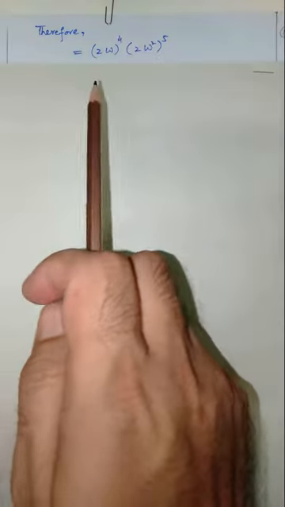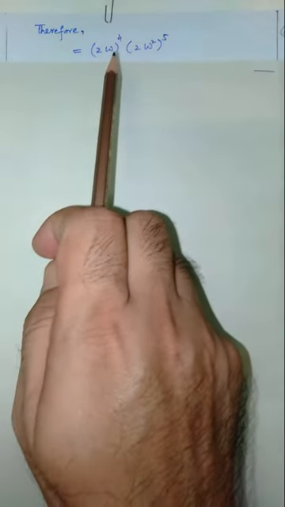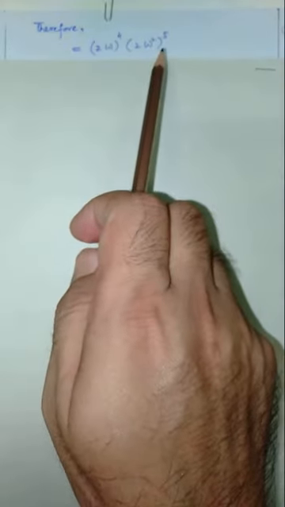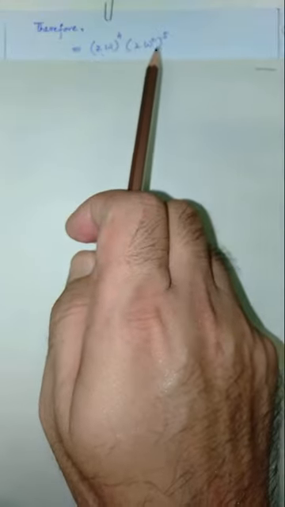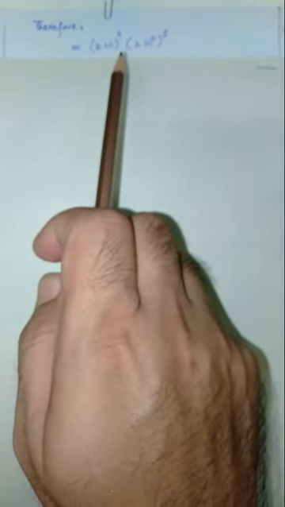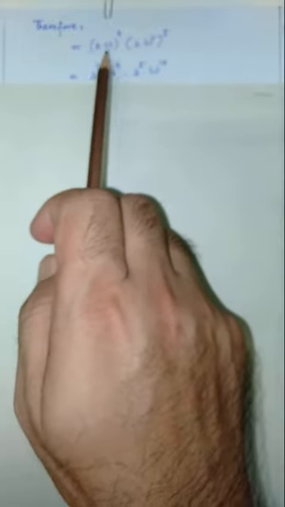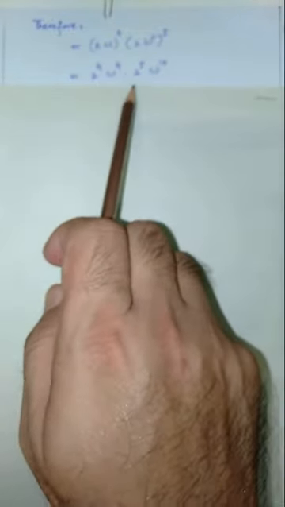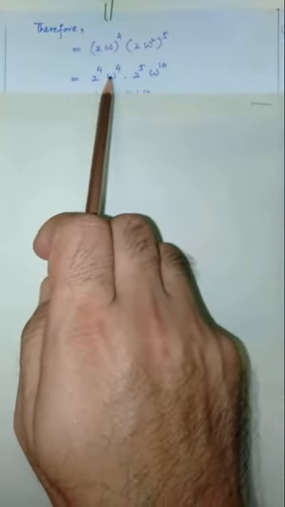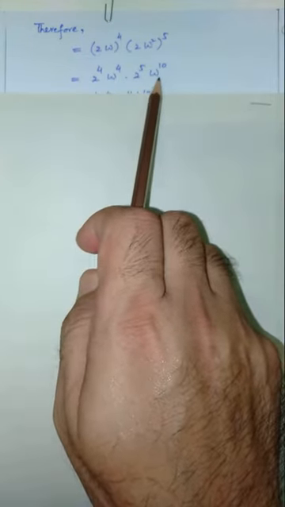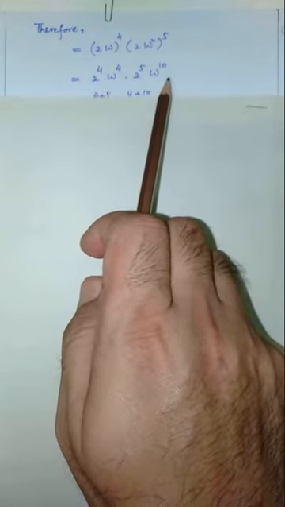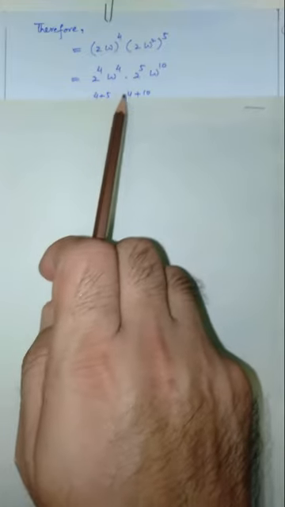Therefore, putting the values, (2 omega) power 4, (2 omega square) power 5. Now apply these two powers on the terms inside the brackets: 2 power 4 omega power 4, 2 power 5 omega power 2 fives are 10. Now these two are like terms, and omega power 4 and omega power 10 are like terms, so the exponents will be added.